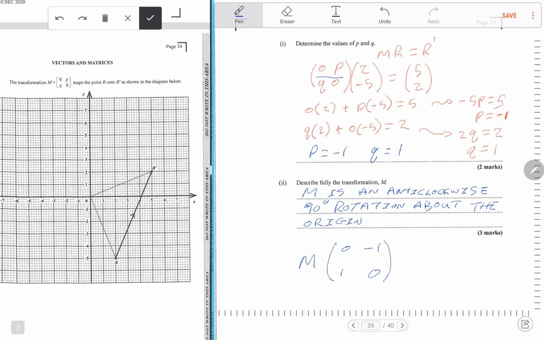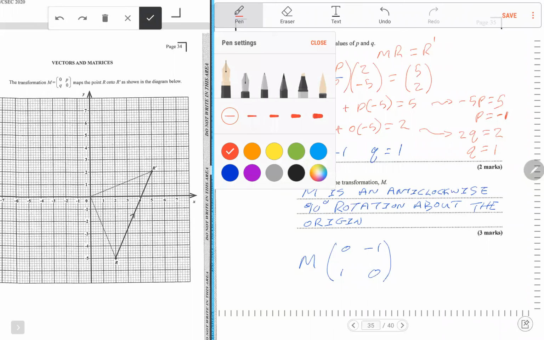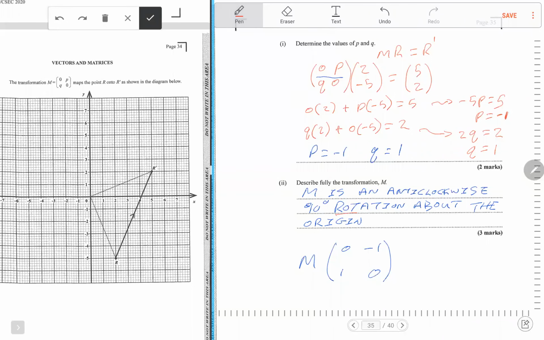Remember, when you're describing a rotation, you have to give the three components of the rotation. You have to give the name, which is rotation. You have to give the angle and the direction. You also have to give the center in your description. You have to do those things when you're describing a rotation.